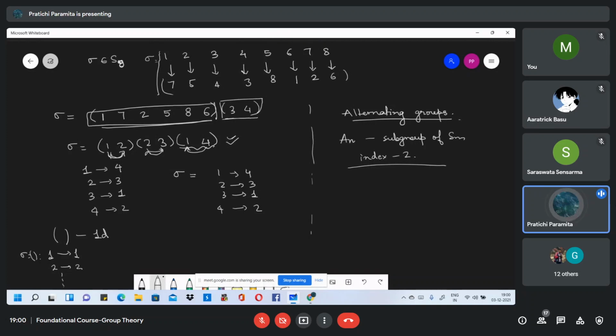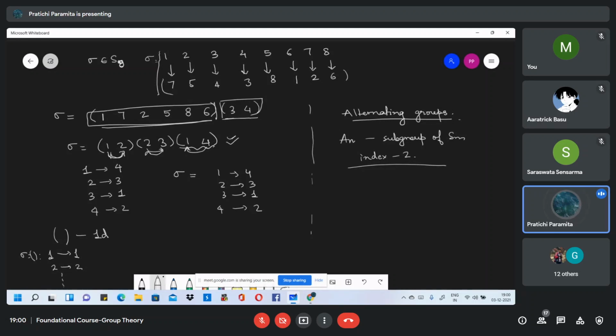You can just think about it and you'll get the answer. So any subgroup which has index 2 is a normal subgroup of the group. Now, alternating groups are basically the group of all even permutations in Sn. And so there is something called sign.